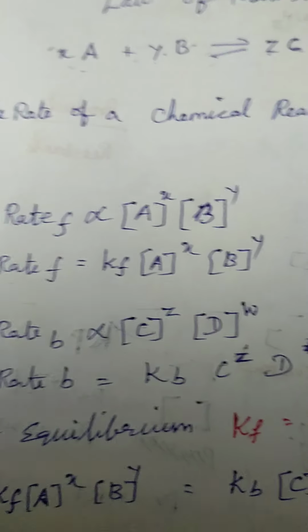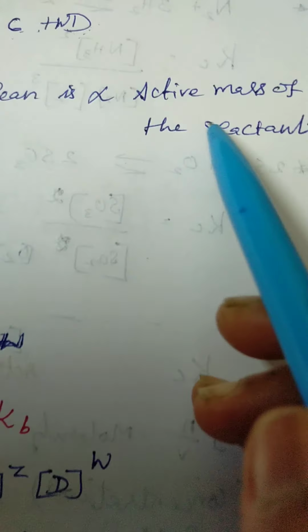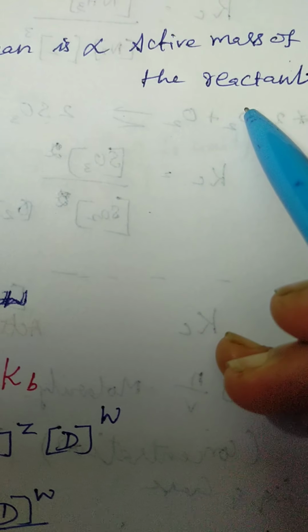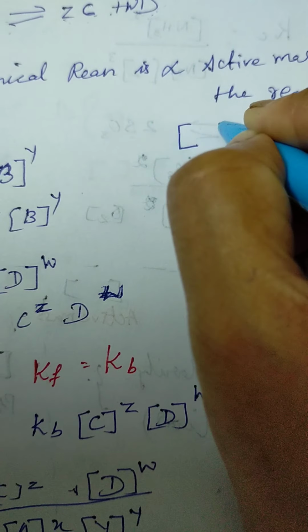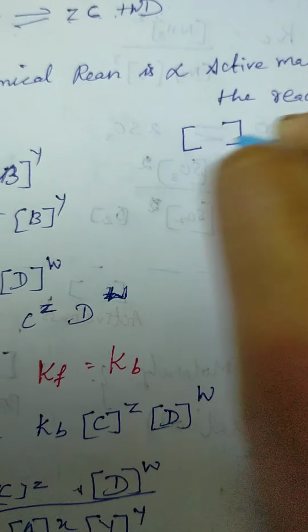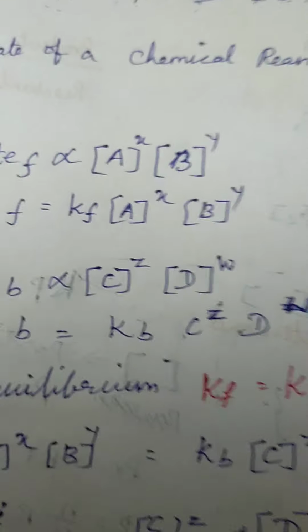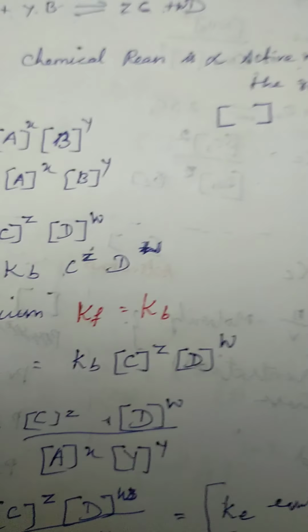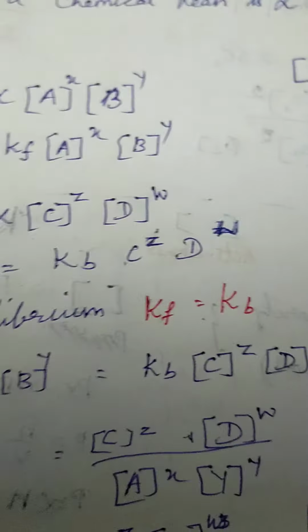When you are writing this, the rate of a chemical reaction is directly proportional to the active mass of the reactants.